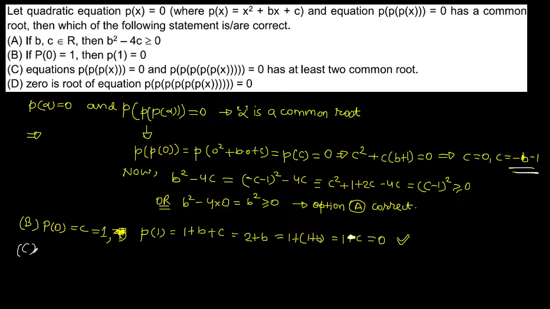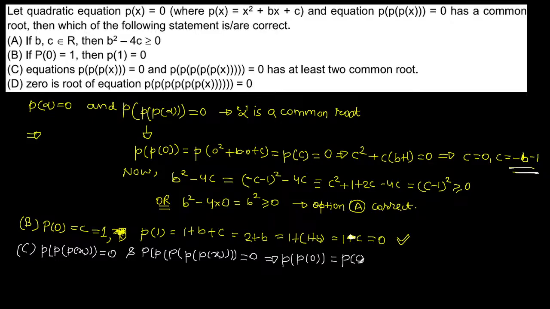Okay, now option C. p(p(p(x))) equal to 0 and p(p(p(p(p(x))))) equal to 0 have at least two common roots. First we put x equal to 0. We got p(0), which is p(c).